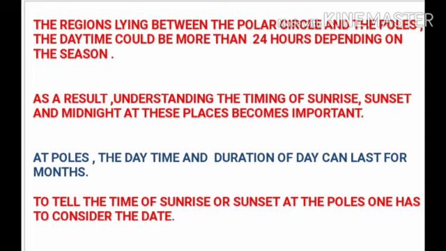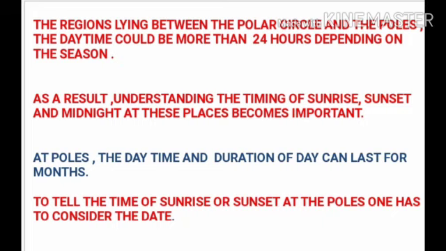So the poles will get the sunlight only when the position of the earth is a bit tilted. Tilted means a little bit crossed. That time the poles will be getting sunlight.